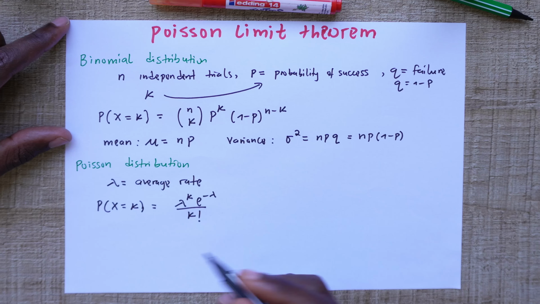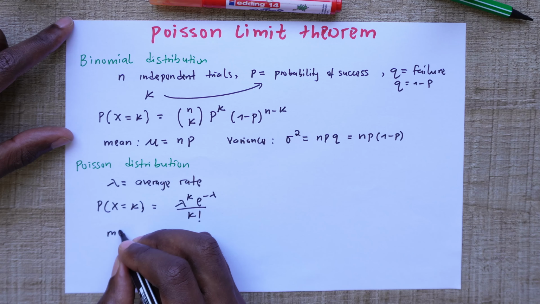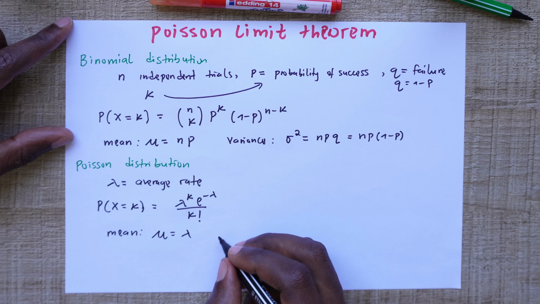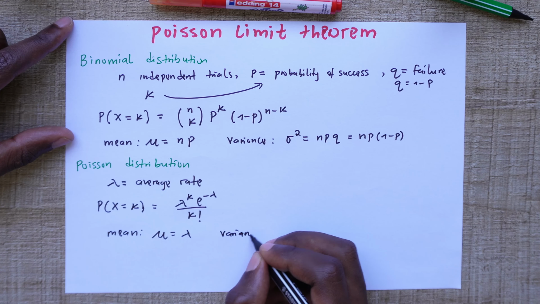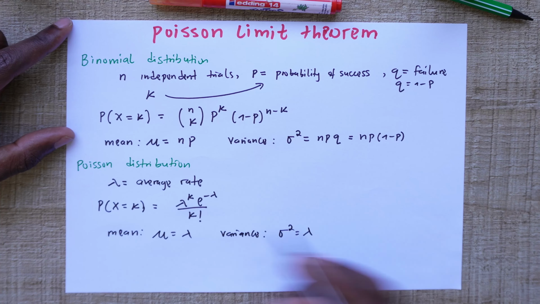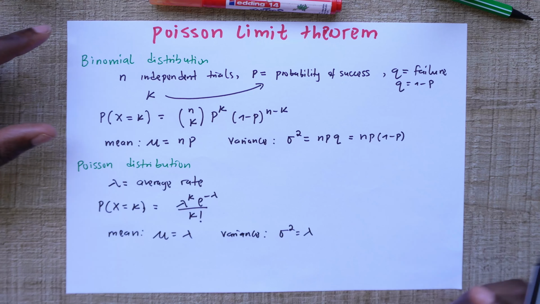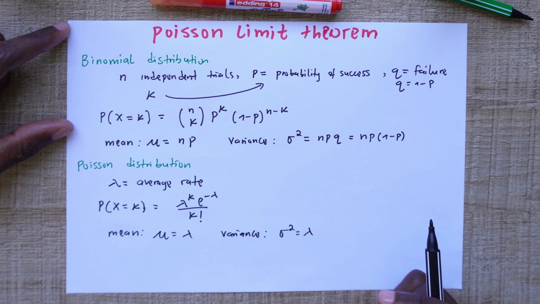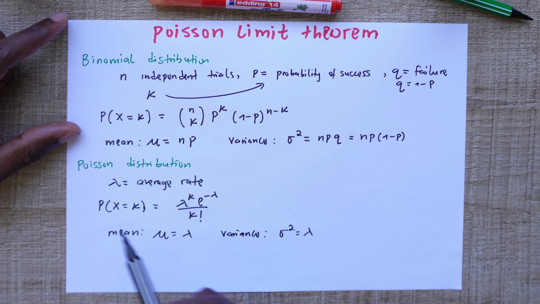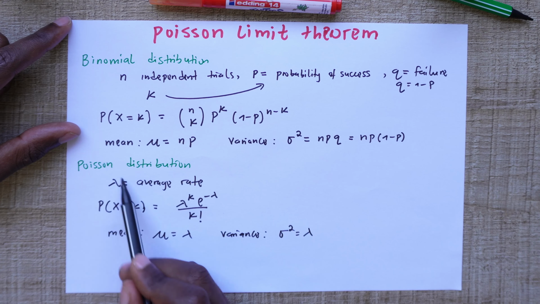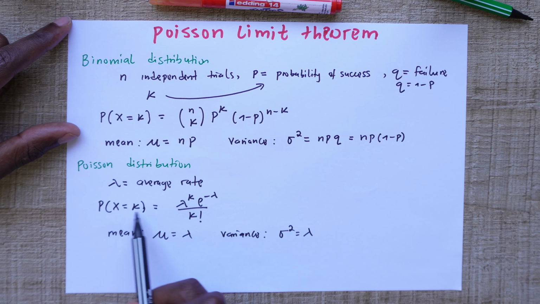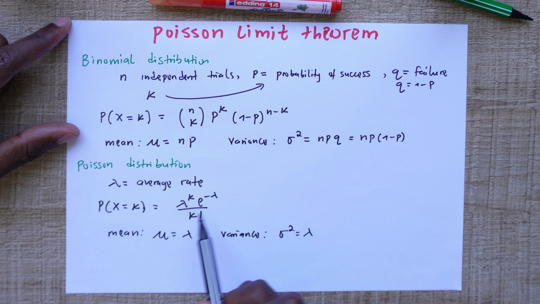And in this case, you can also calculate the mean. We can show that the mean, mu, in this case, is lambda, as well as the variance. The variance is also lambda. And this lambda is just the average rate of occurrence of the event in question. So with a Poisson distribution, having knowledge of lambda, this average rate, we are able to calculate the probability of occurrence of any event.